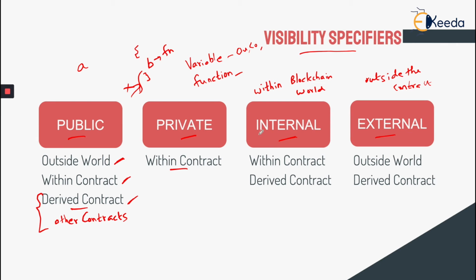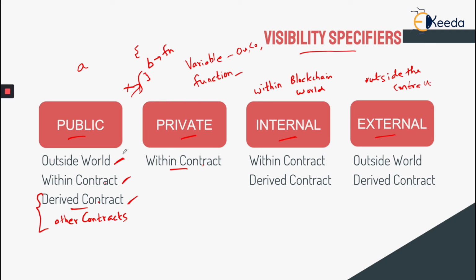What I mean by internal is that within the contract and the derived contract, I can use these internal variables, but not from the outside world. And external, I'll be able to use anywhere outside my own contract. External is just the opposite of private. So the outside world and derived contract come under external. Within contract comes under private. So these are complementary, I can say.